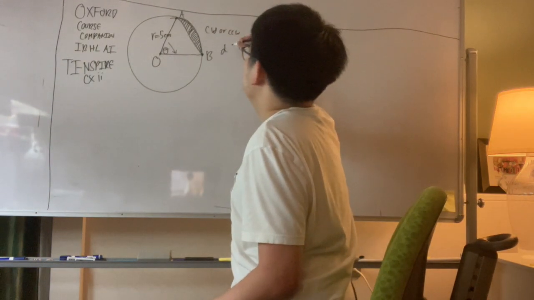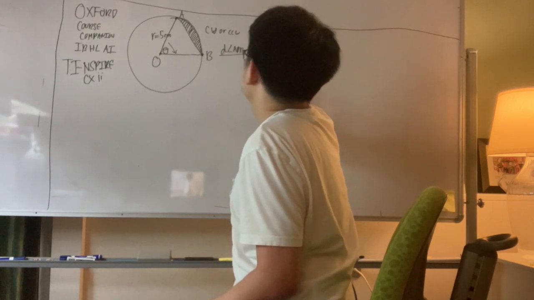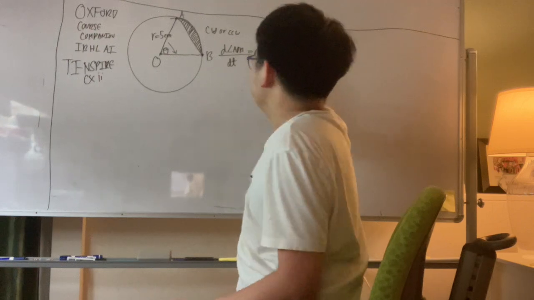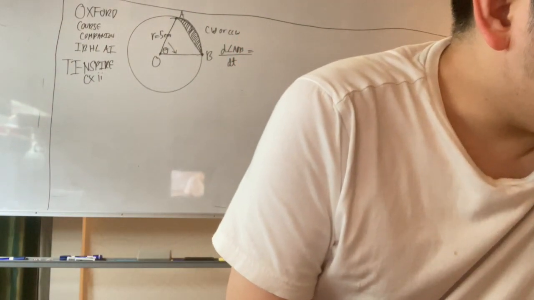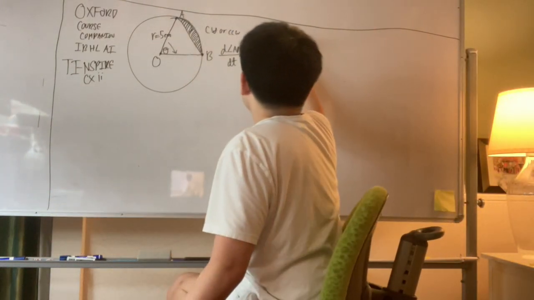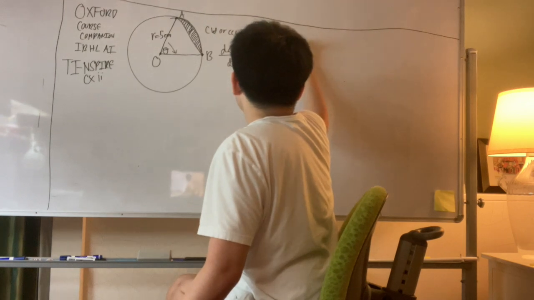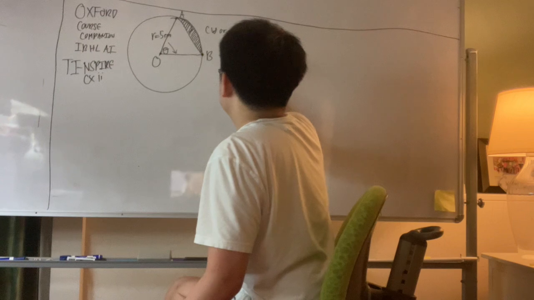But the rate of the angle increasing, d(angle AOB)/dt, is around 0.2 radians per second. And I guess I could call this d theta/dt as well.